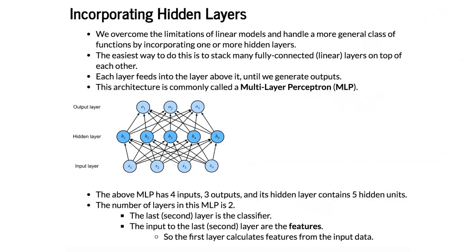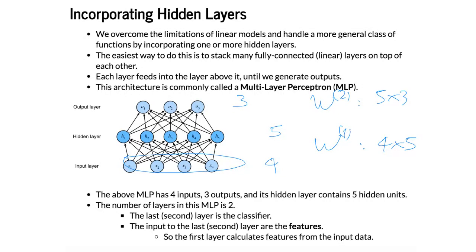I start from 4 features, then I go to 5 features, and then finally I go to 3 outputs. From 4 I go to 5, and then from 5 I go to 3. So the first weight matrix will have dimensions 4 times 5, and the second matrix will have dimensions 5 times 3.